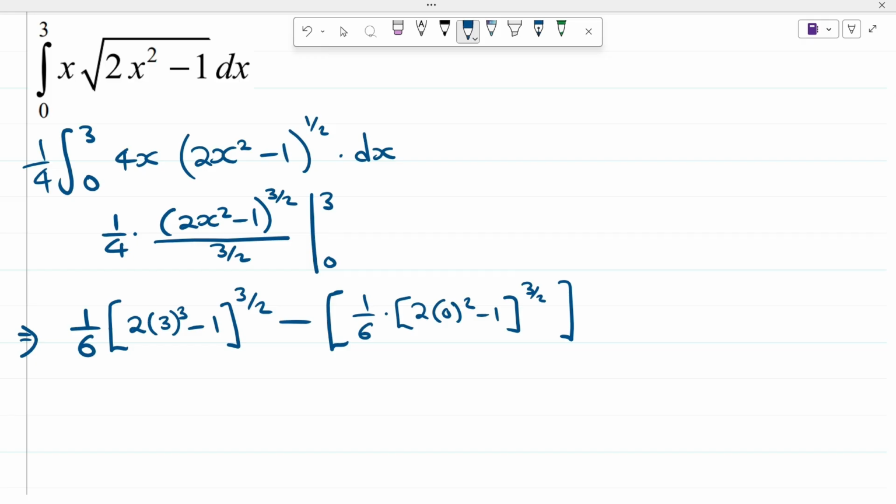Then you are going to use your calculator there. You should be able to get something like 2. So I'm still punching, just a sec.